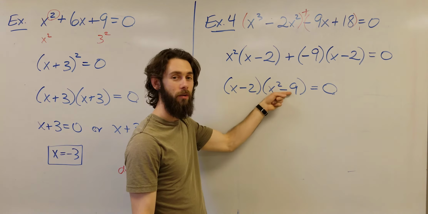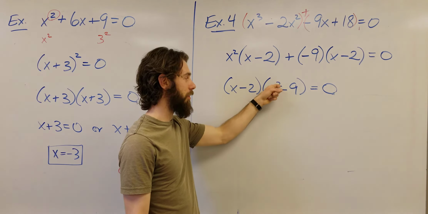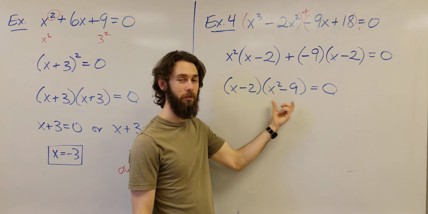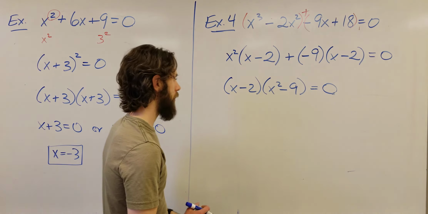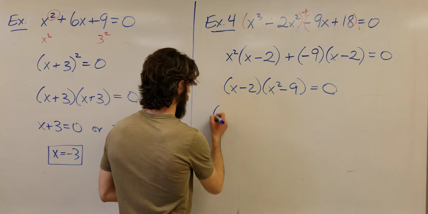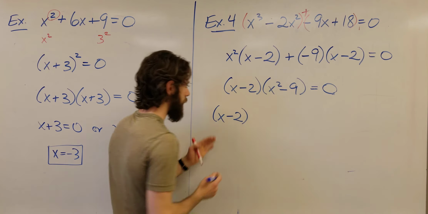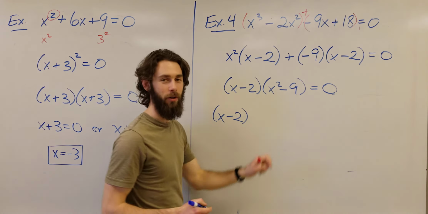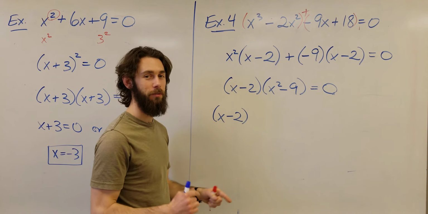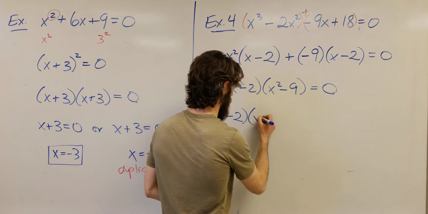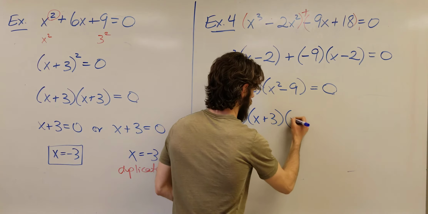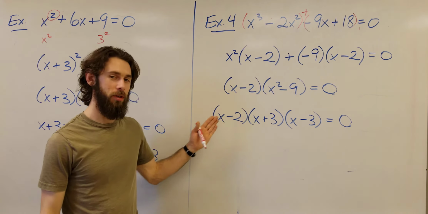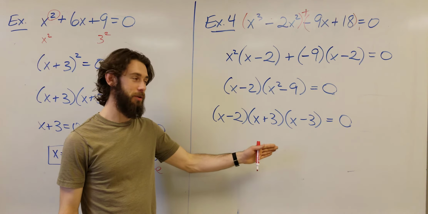I don't think so. We want to get x down to the first power if we can. And since that's a difference of squares, we could go ahead and finish factoring that out. So let's do that. Keep your x minus 2. And then we know that this is going to factor into x plus 3 times x minus 3. So we have x minus 2 times x plus 3 times x minus 3 equals 0.